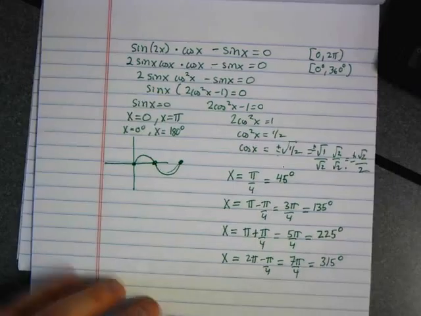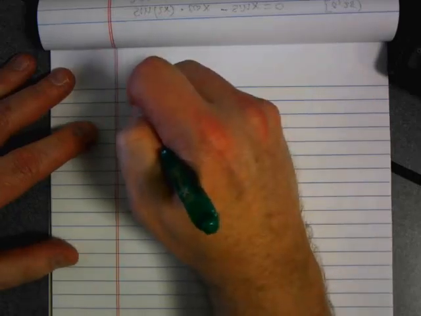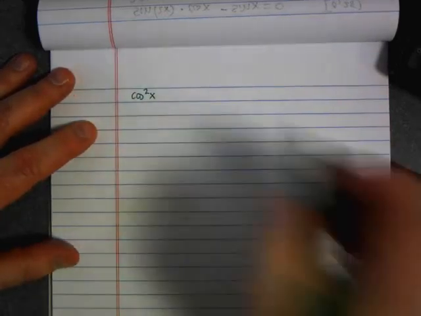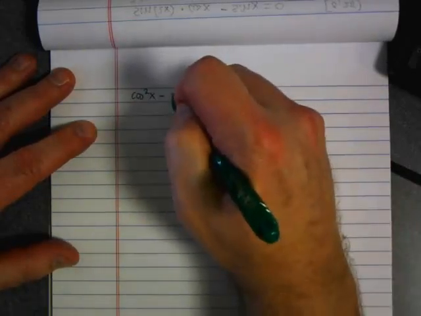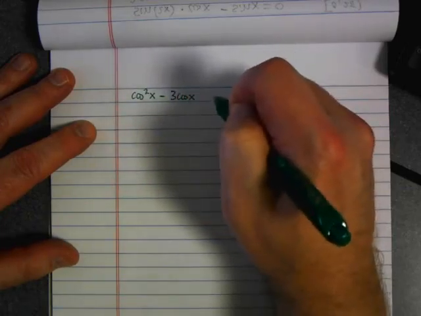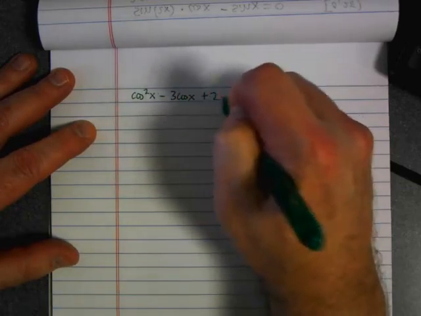All right, my last problem of the day. How about cosine squared x minus 3 cosine x plus 2 equals 0.